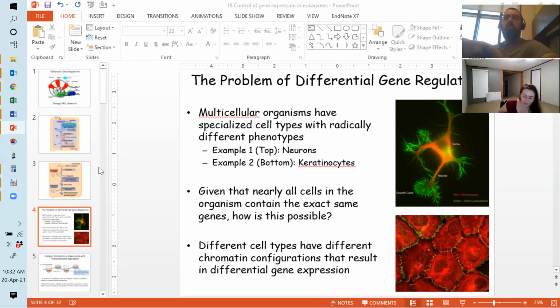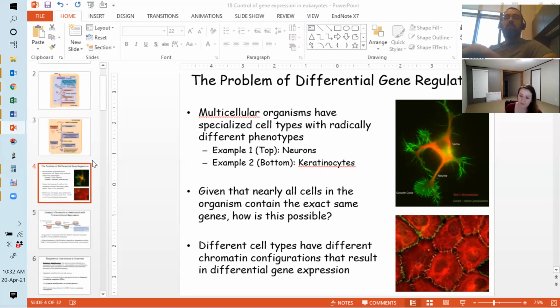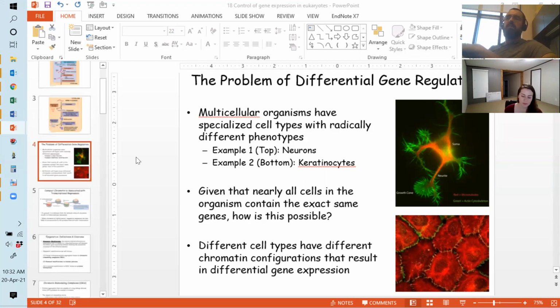Okay, so what's up next is actually a fairly large and involved step. The reason it is so large and involved is because it is complex and multifactorial. There are lots of different ways in which one can modify DNA to control gene expression.